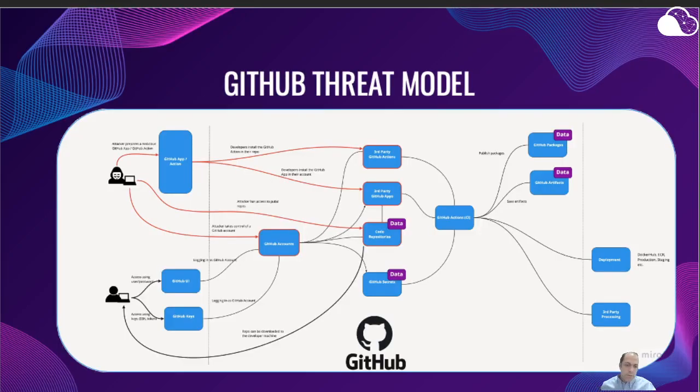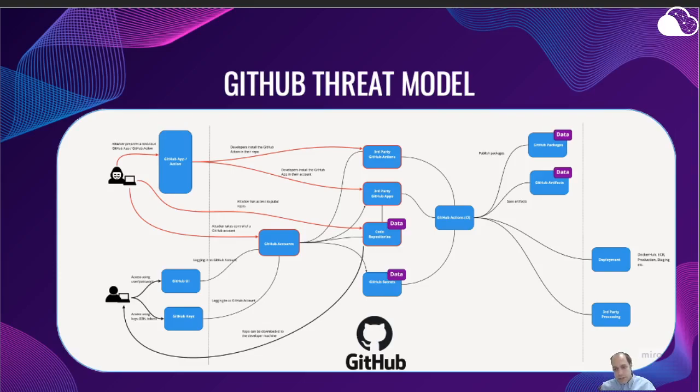So let's start with the first place that we would like to explore the risks. And this is the GitHub, the place where I'm storing the code. There are a lot of different services that are provided by GitHub. And for all those different services, there are different risks. For example, for the account, you have the risks of account takeover.